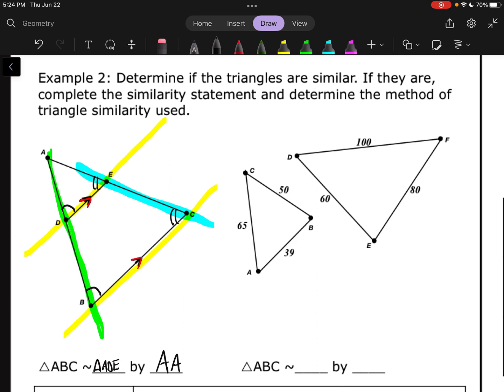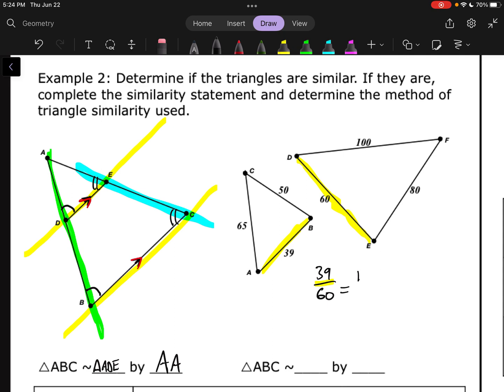And now I've got another one with a bunch of sets of sides. So I'm thinking about side, side, side, but we got to make sure. So let's take small side over here, small side over here. Small with small, 39 over 60. Both of those are divisible by 3.